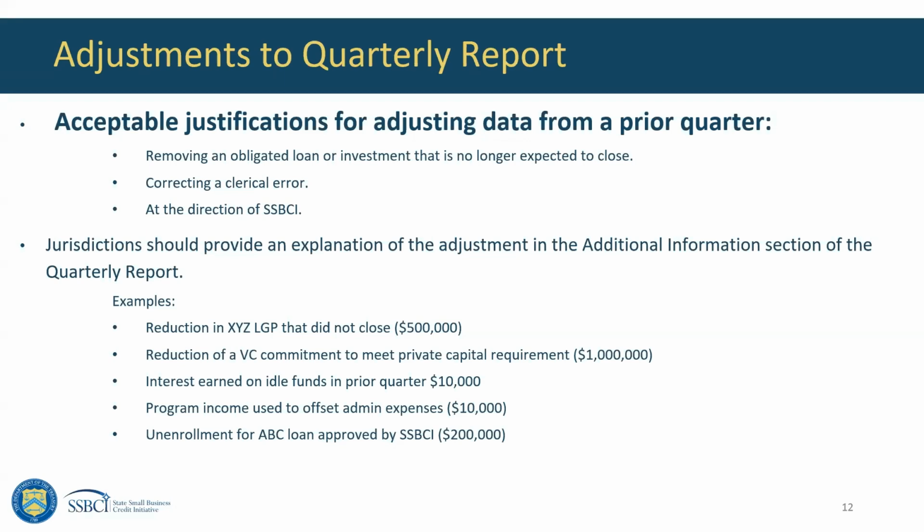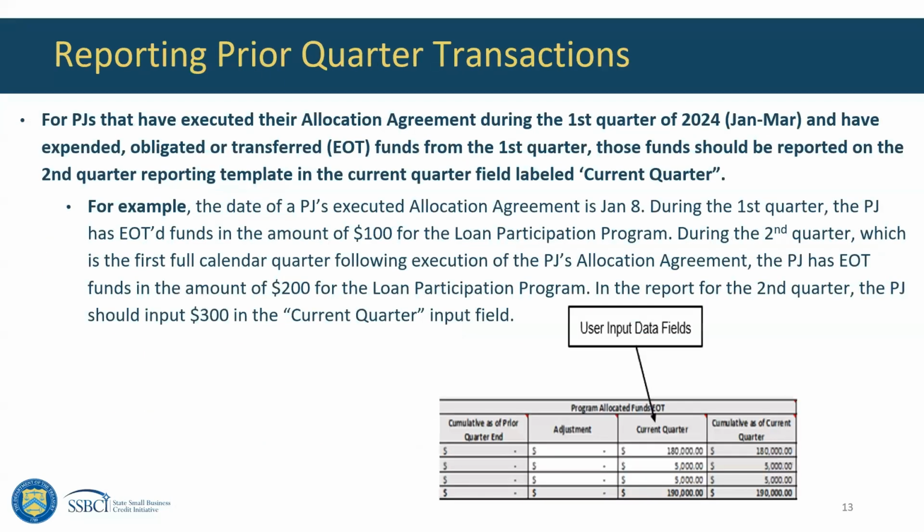Okay, moving to the next slide. For jurisdictions reporting for the first time that have EOT from a quarter prior to the first full reporting period, jurisdictions should report the prior quarter activity along with the current quarter activity in the current quarter field.